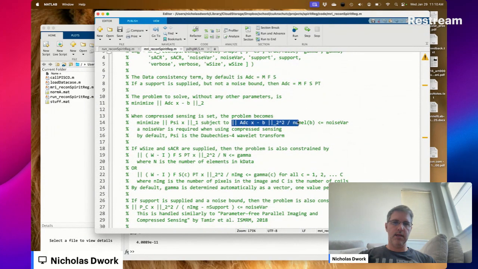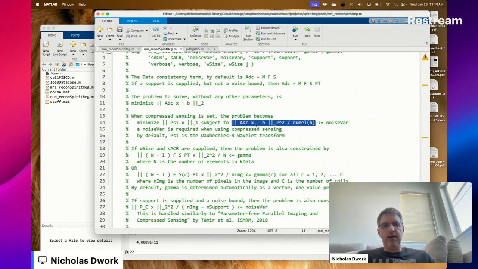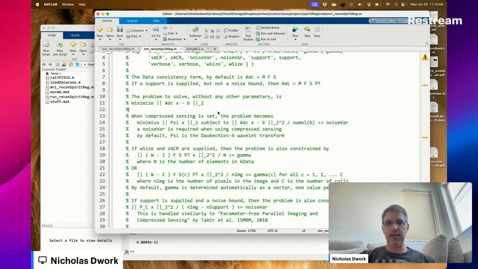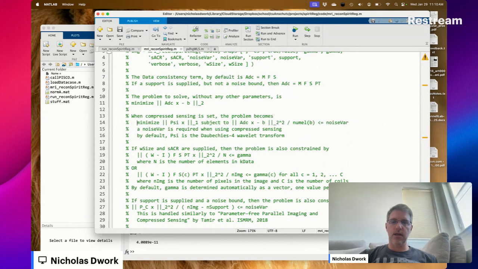This is the variance of the noise for our estimate x. If our estimate x was true, that would be the variance of the noise, and we need that to be less than or equal to the noise variance. That's actually very clear. Okay.